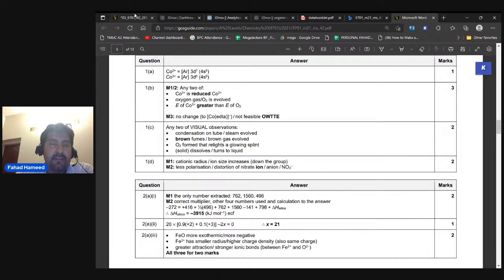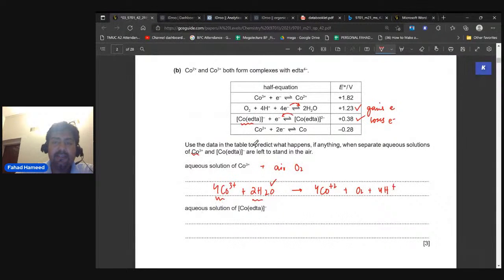That is the reaction. So you can say the reaction is not feasible because if I force it, if I make this a reaction where cobalt with EDTA gains electrons and the other one, the one with water or air, loses electrons, then this is going to be my reduction potential and that's going to be my oxidation potential.